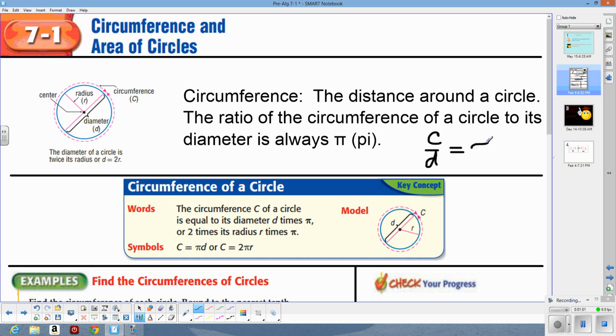And pi is an irrational number that goes on and on forever without repeating. 3.14159 and even more if I had time. Basically, if you took the distance around any circle and divided it by the distance across the circle going through the center, it would equal 3.14159 and so on.